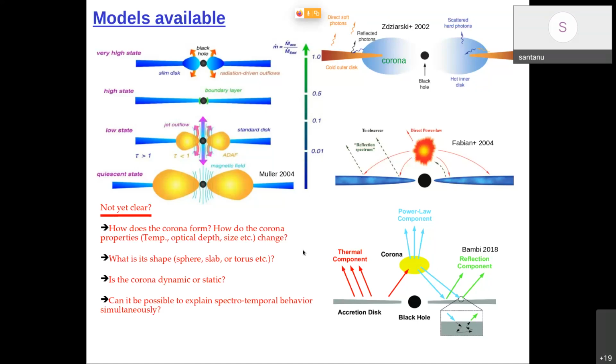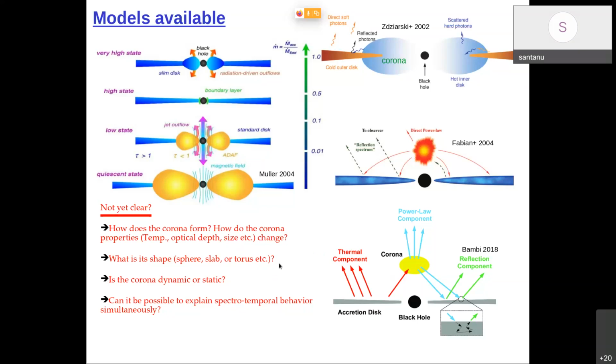So how the corona forms, and its properties like optical depth, temperature, size and height, and what its shape is, like a sphere or slab or torus, is not clear yet. Also, many models consider a static corona, but as we see during observation, during the outburst period, the corona size can change every day.